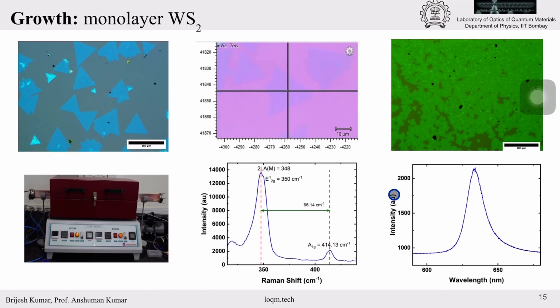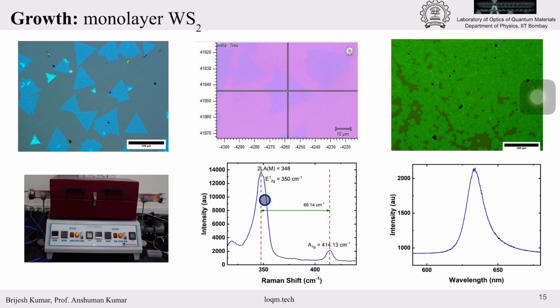In parallel, we are also growing monolayers of WS2. Here is the optical image of this monolayer, which is a large area monolayer, and on this triangle we took the Raman spectrum. For WS2, these three modes are dominant: E1g, which is an in-plane mode, A1g, an out-of-plane mode, and 2LA, which is the acoustic phonon mode. At room temperature, the second order acoustic phonon mode is more dominant than the in-plane vibration mode.